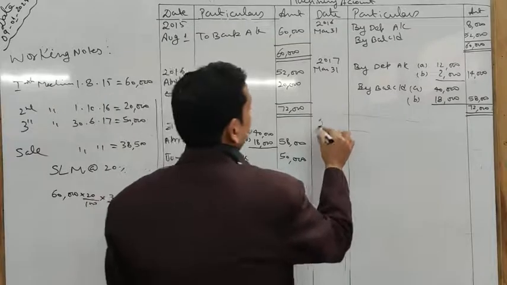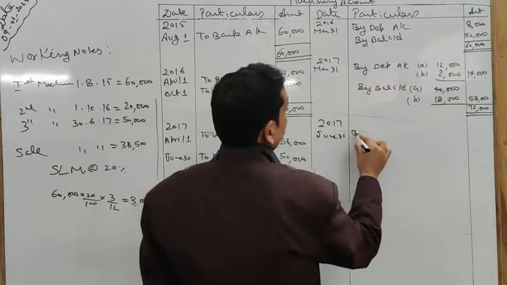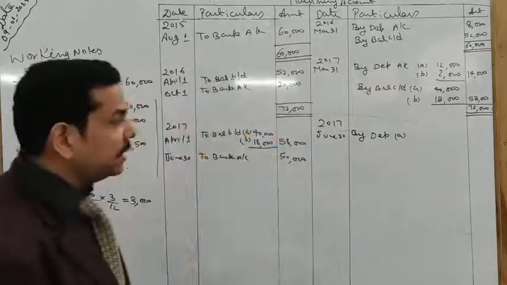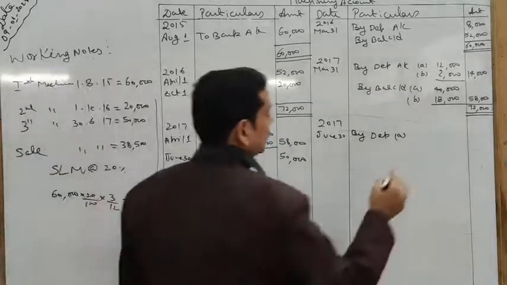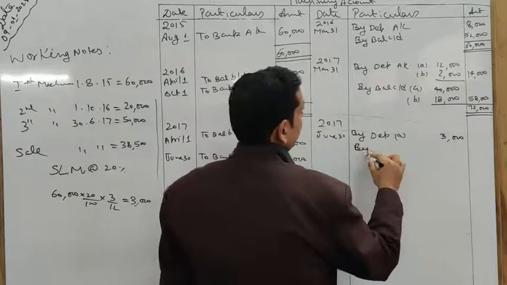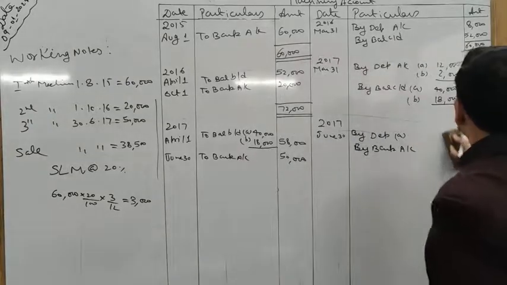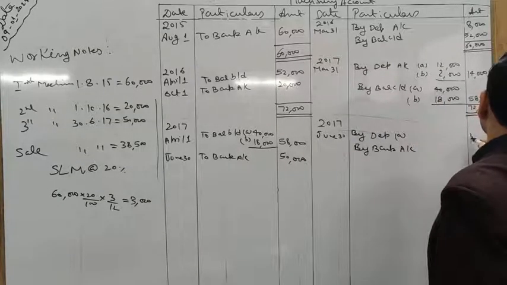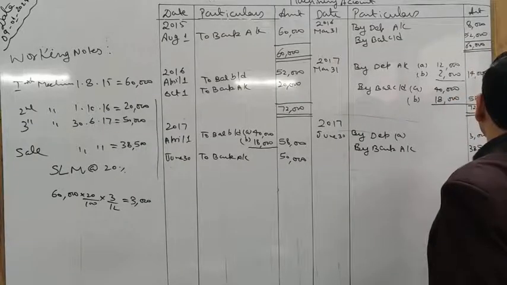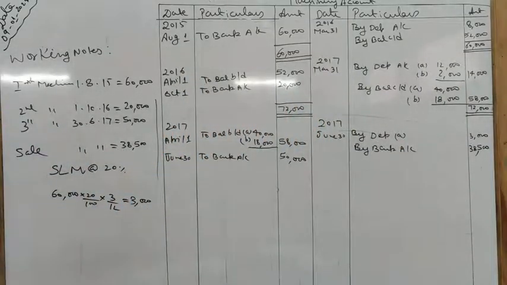Depreciation for 3 months is 3,000. So 2017 June 30 by depreciation account. Here we will write A because we are selling machine A. So depreciation is 3,000. Now we have sold it, so by bank account 38,500. Clear? Now how to calculate profit or loss on the sale of asset?